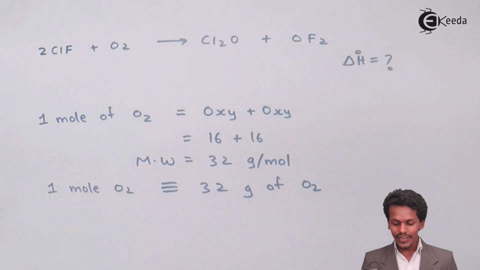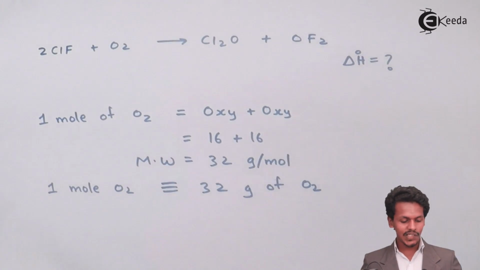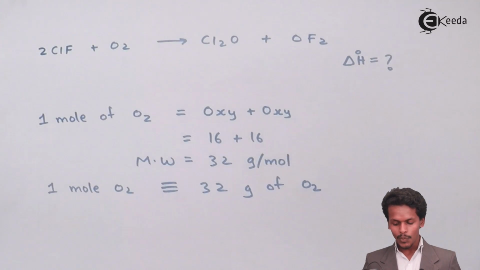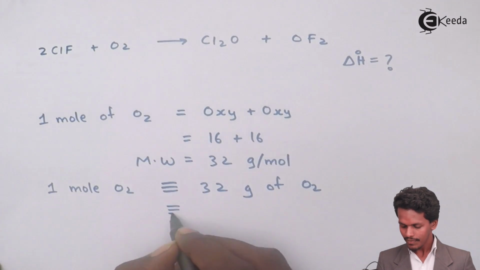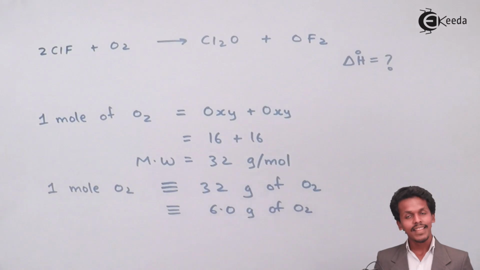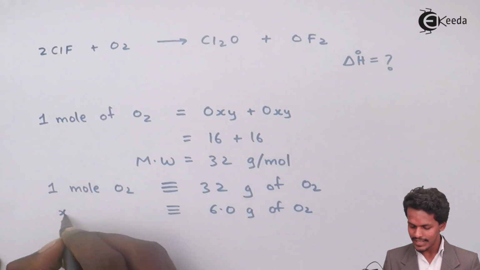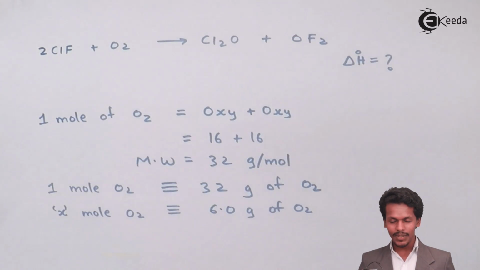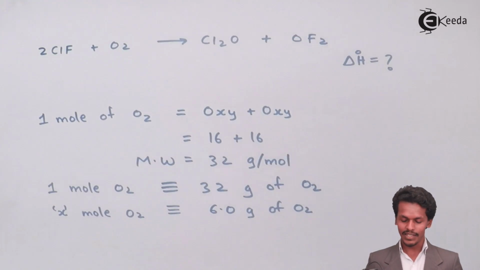What do we have? We have 6.0 gram of oxygen. Suppose 6.0 gram of O2 is X moles of O2. How can we solve this? What does 6 gram of oxygen mean?